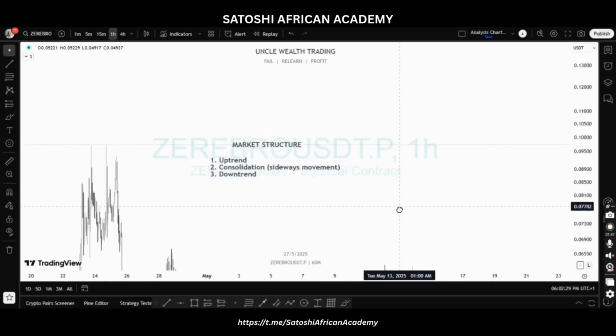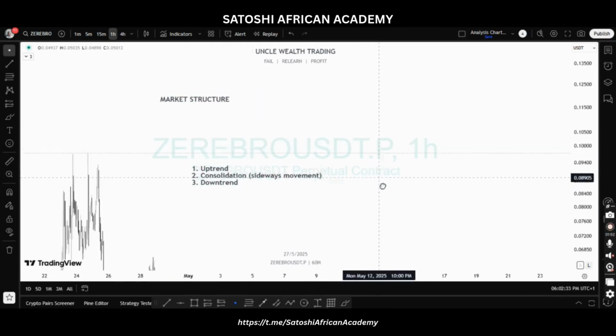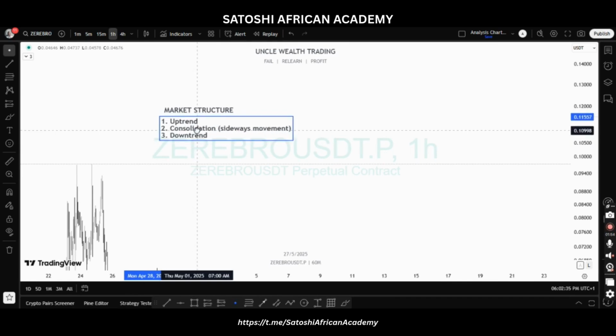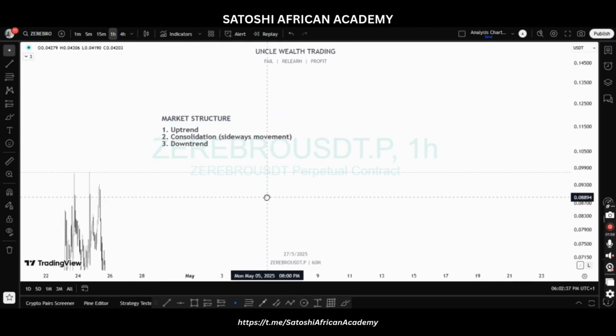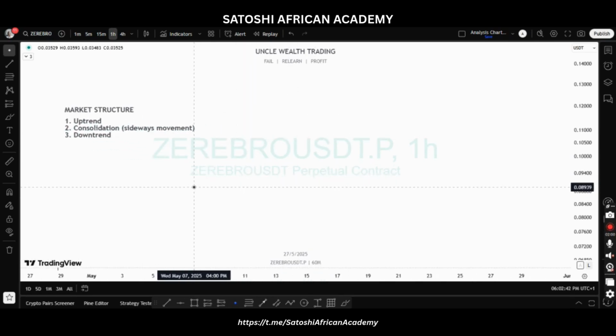So, whenever you see a crypto chart, you need to understand that these three are what will help you to have an idea what it's doing. So we said the market moves in impulses and pullbacks.